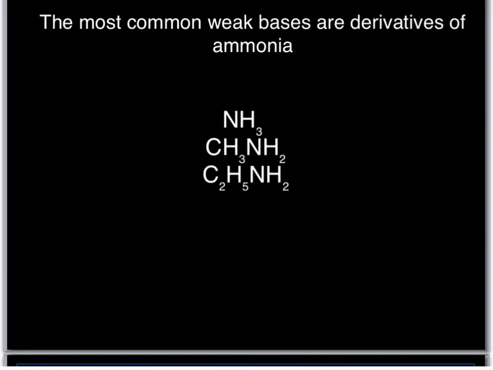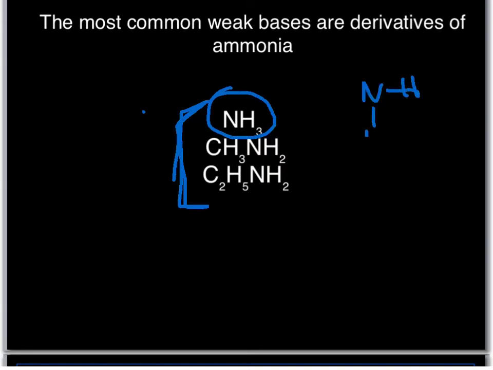Weak bases are a little bit funky. There's a whole bunch of different kinds of weak bases, but the most common weak bases are derivatives of ammonia. If you remember, this is ammonia, okay? And so derivatives of ammonia look like this. It's nitrogen bonded covalently to 3 hydrogens. Everything here is non-metals. We'll talk about what those dots mean later.